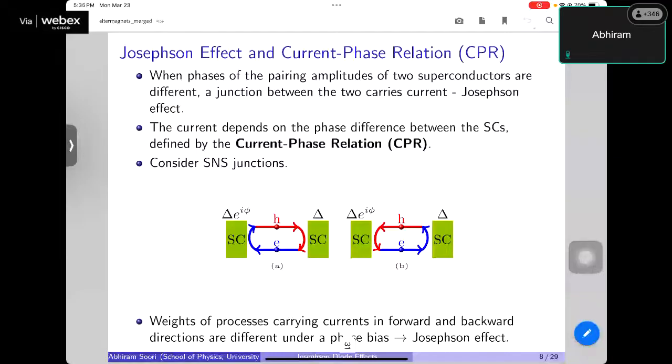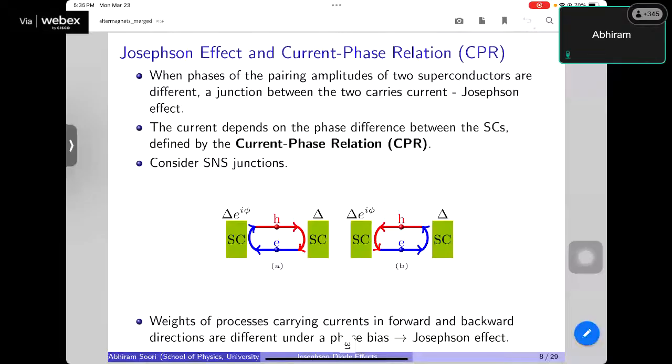So the phase can change. The phase of the left superconductor is, let's say, phi. That is, the order parameter or pair potential is delta e to the i phi for the left superconductor and delta on the right superconductor. Then a current flows in equilibrium from one superconductor to the other. That is the Josephson effect, or DC Josephson effect to be precise. And there is a current which depends on the phase, that is called the current phase relation.